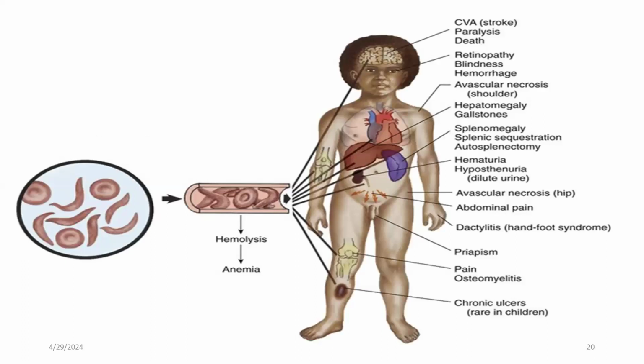This is one of the diagrams, as you can see. On the left-hand side we have seen the sickle cell, and then we have shown the sickle cell vessels being blocked. It will cause hemolysis, anemia, and because of the vessel blocking, there will be severe stroke, paralysis, and death.